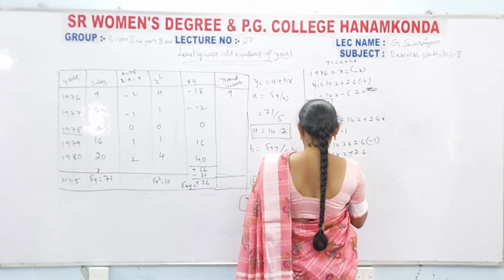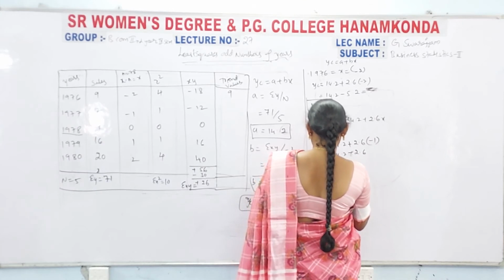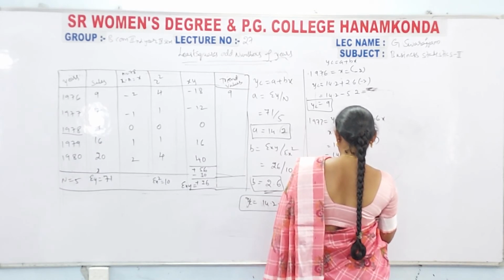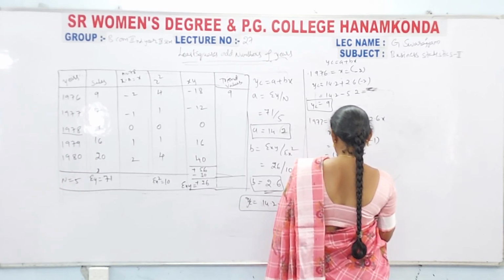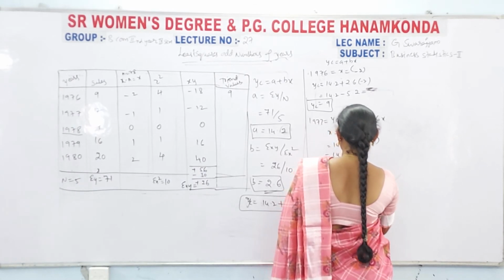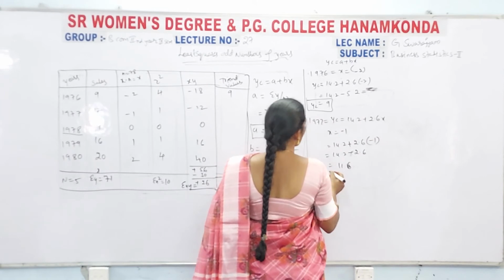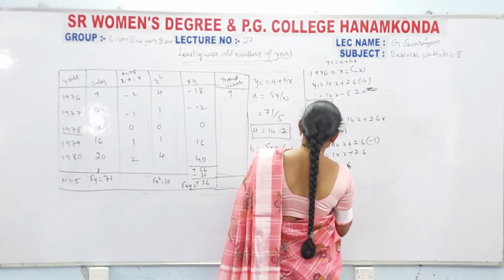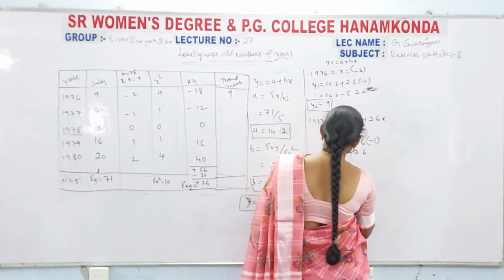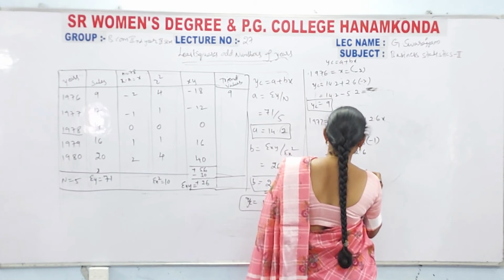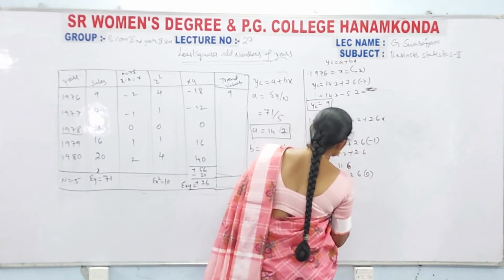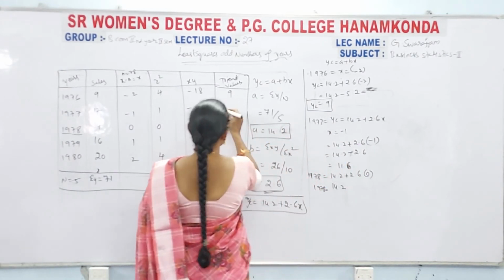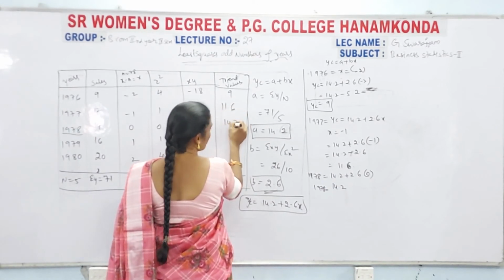So here the value is 11.6. 1977, 11.6. Okay, the next is 1978. So 14.2 plus 2.6 into x value 0. Anything into 0 is 0. So 14.2 in 1978.